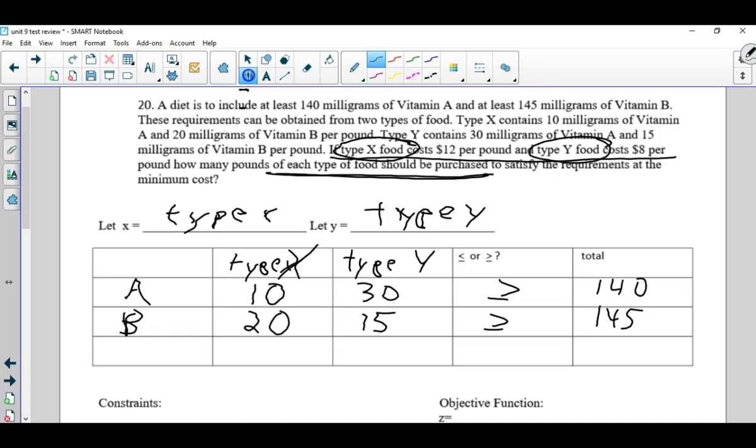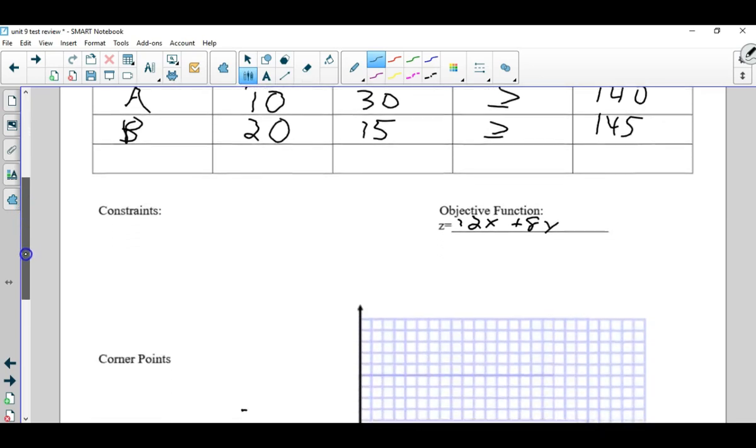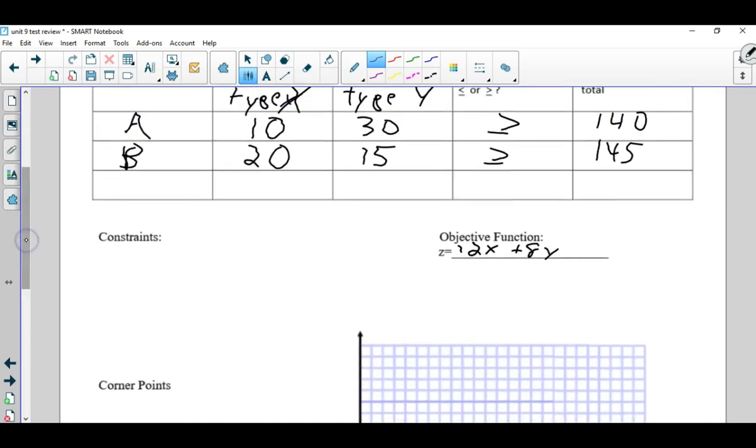It says type X costs $12 and type Y costs $8. So there's my objective function. So my constraints are going to be, again, always x is greater than or equal to 0, y is greater than or equal to 0. Always start with those.